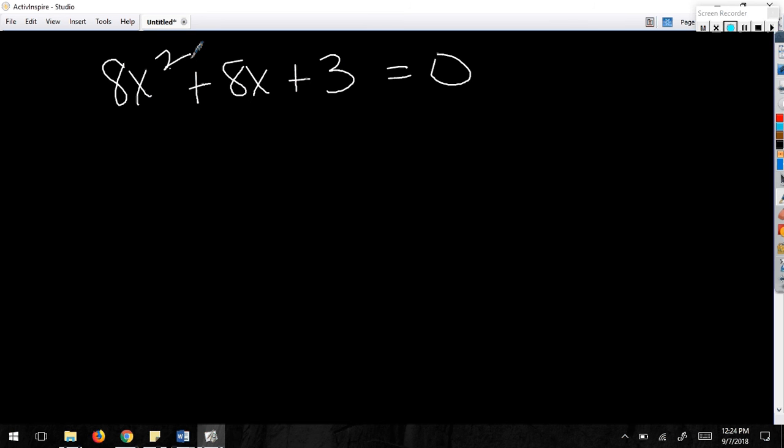Ooh. No. What are you doing? You're not even doing the math that goes with it. Using the discriminant. Yes, I want you to plug it in, guys. I want you to plug it in. Yes. B squared. B is 8.